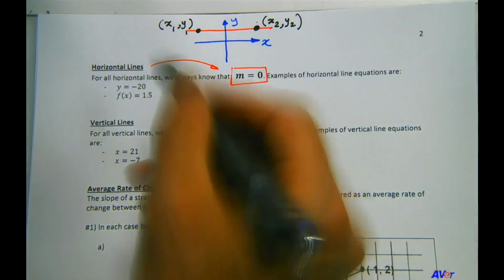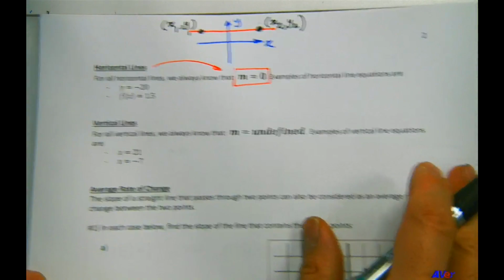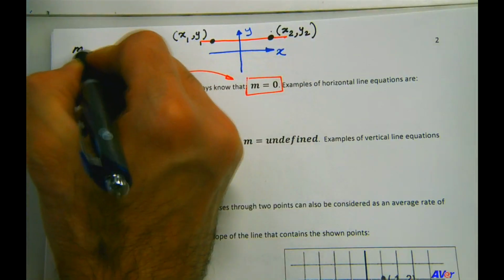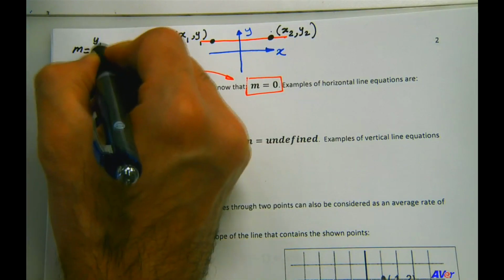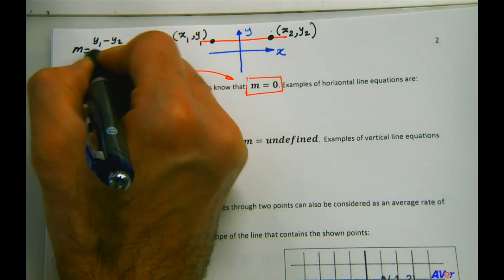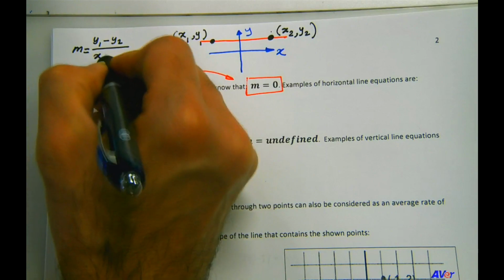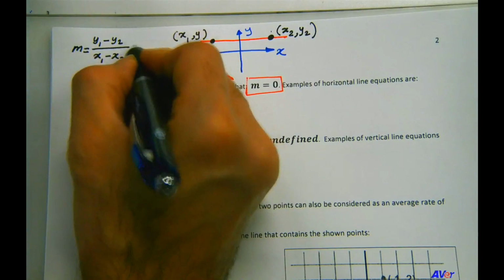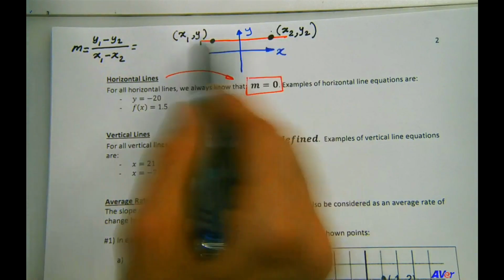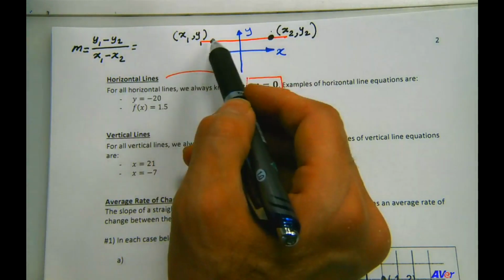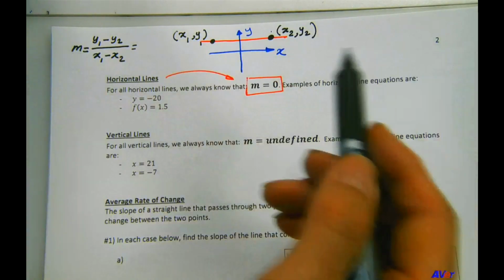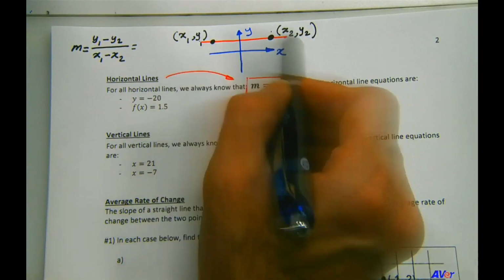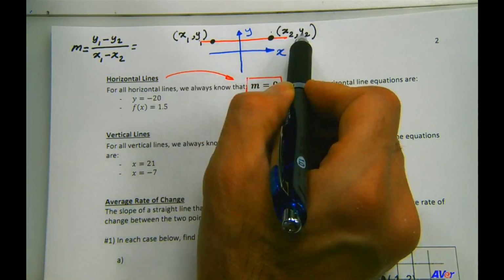So, according to the slope formula, we can calculate the slope as follows. Slope equals y1 minus y2 divided by x1 minus x2. Looking at these points, we don't have any numbers, but that's okay. y1 and y2, would they be different numbers or the same numbers?